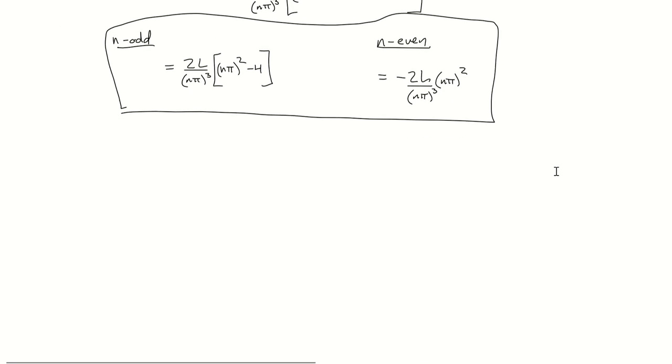Again, same sort of thing. Let's just brute force walk through it.